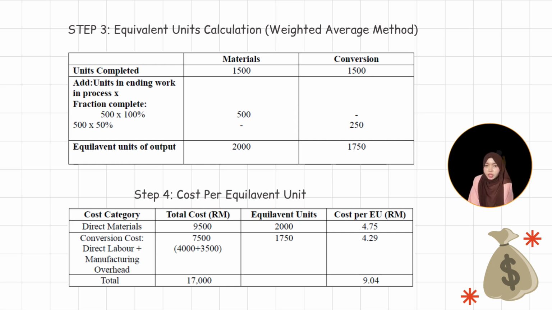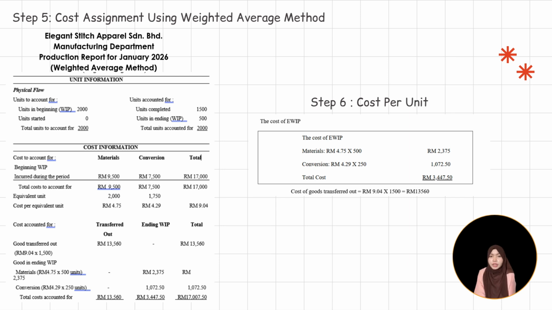In total, our manufacturing operation has incurred 70,000 ringgit for this period, resulting in a combined cost of 9.04 ringgit per equivalent unit. Finally, let us look at step 5 and step 6, which cover the cost assignment and cost per unit for Elegant Stitch April STM BHD for the January 2026 production report.